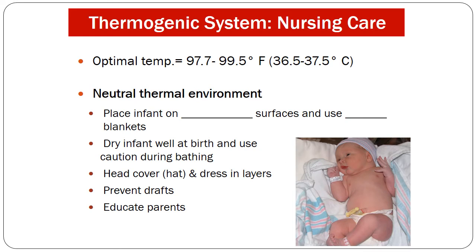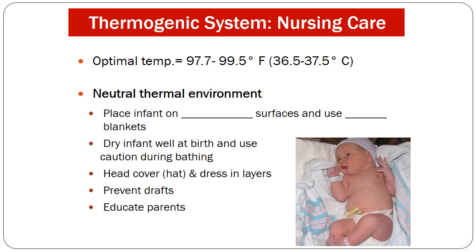So what's an optimal temperature that we want to keep these babies in a really good environment? So we want to keep the optimal temperature in this range here, 97.7 to 99.5. So we want to keep a neutral thermal environment, placing an infant on a warm surface and using dry blankets. Dry the baby well at birth. Use caution during bathing.